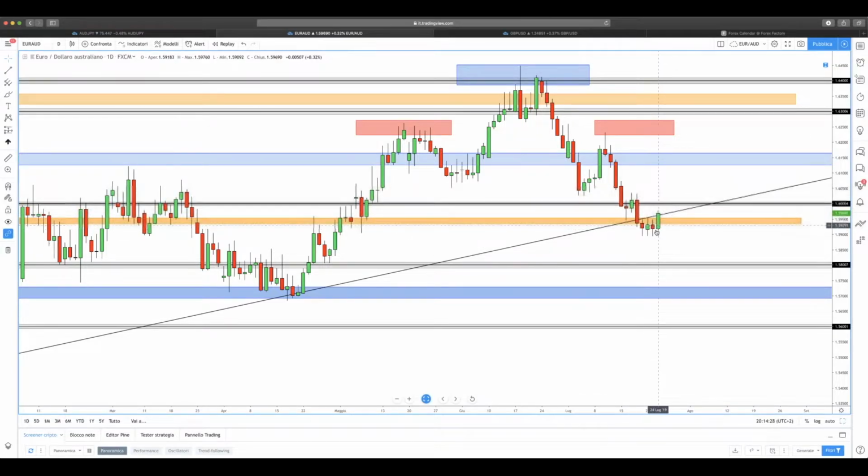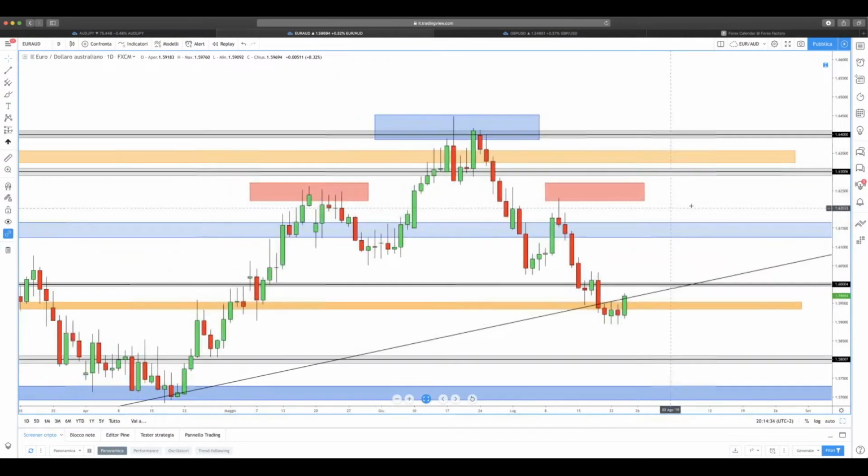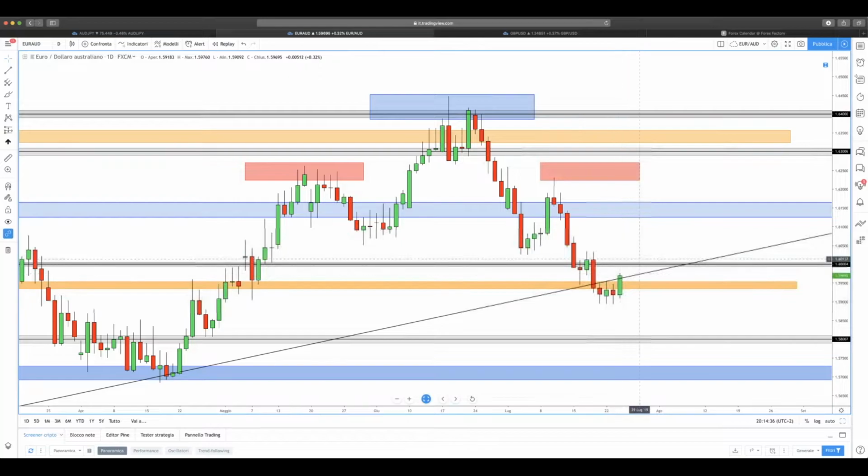So now we have to carefully watch the price action, especially on the daily time frame on this pair, because if the price closes a daily candle above 1.60 after this first break, this will be a strong signal that the price is ready to start another bullish phase, trying to reach 1.6150 again.